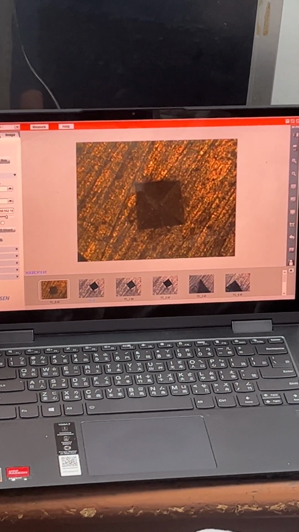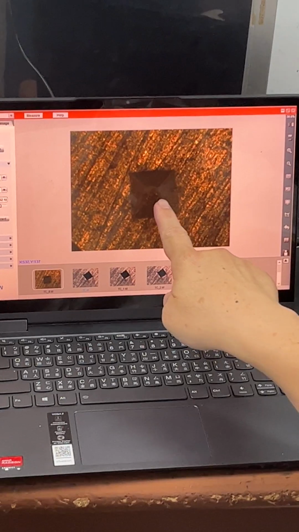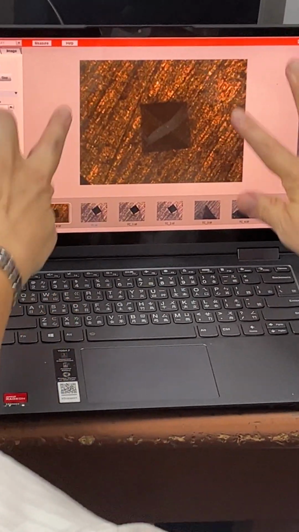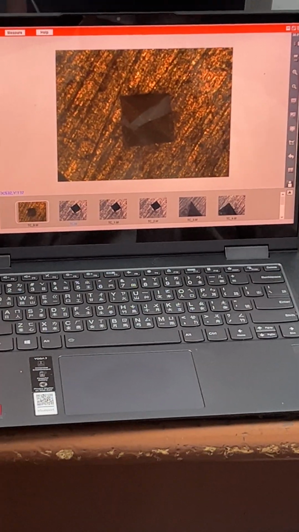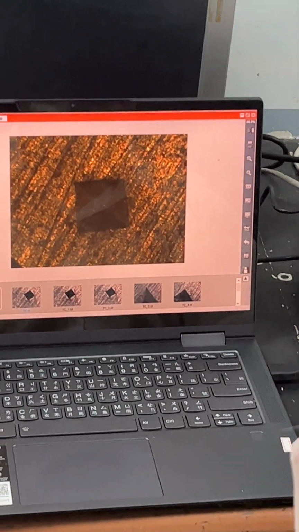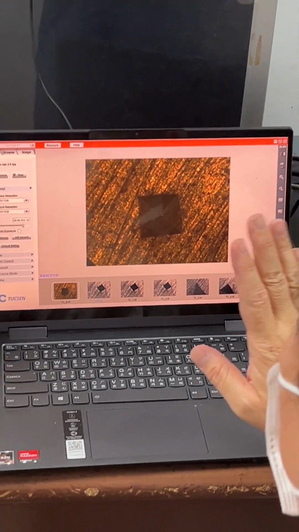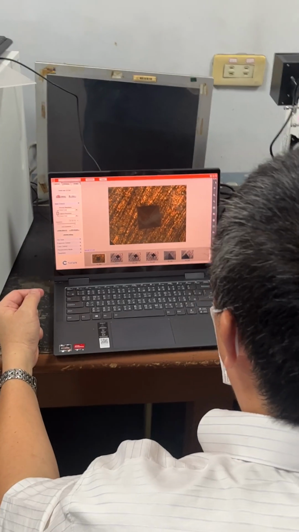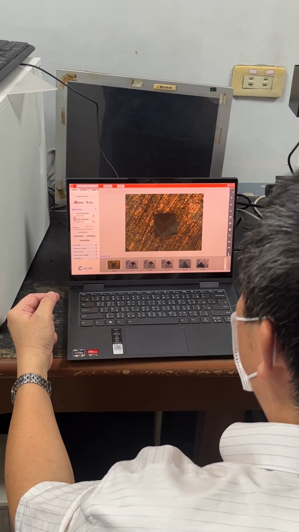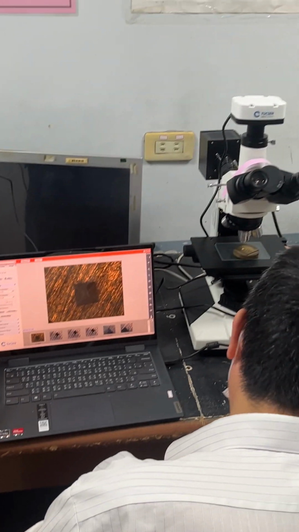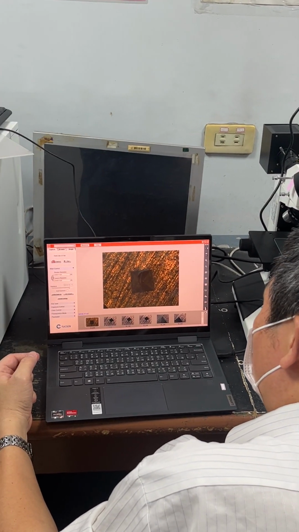Okay, you can see here that it looks clearer, and a little bit blurred for the higher level. So it's up to you which height, altitude you want to observe.